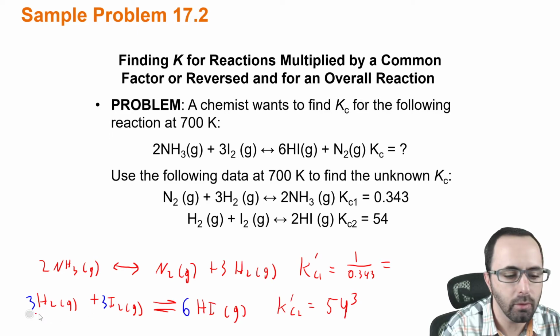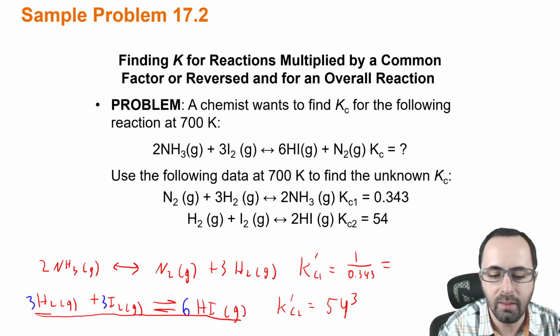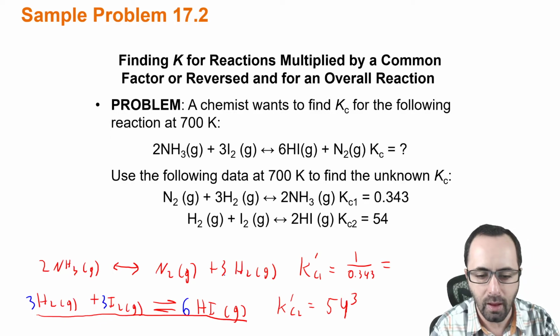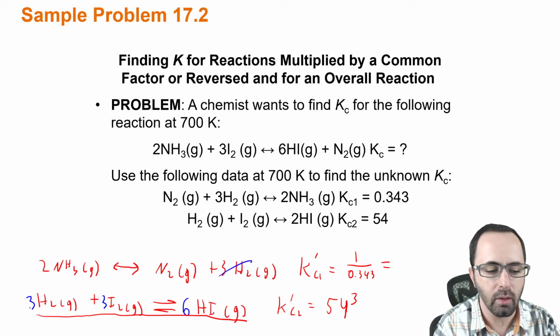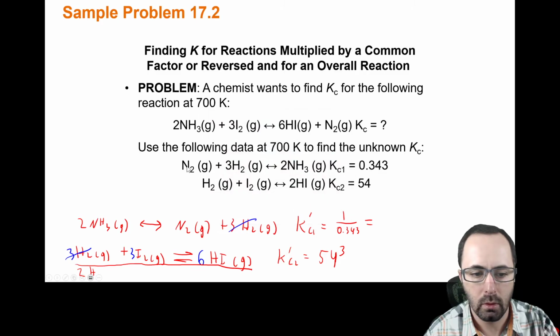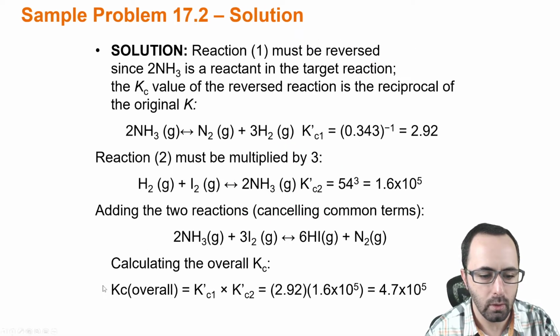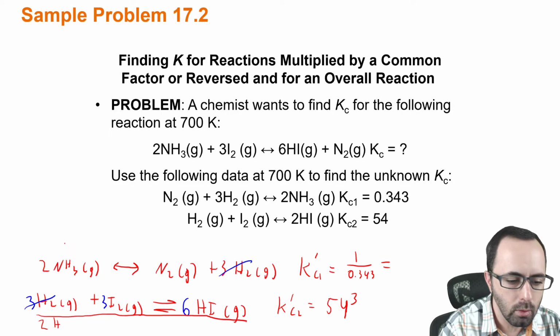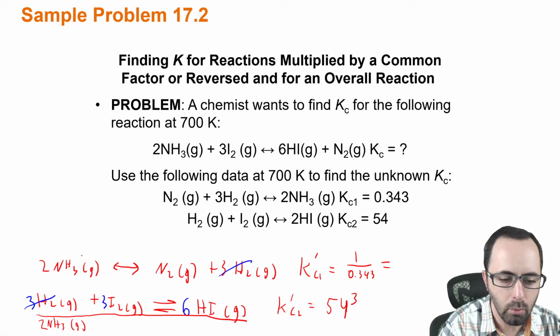Okay. And now, if we want to get the overall reaction, we'd add these two reactions together. And I didn't leave myself too much space, unfortunately. But if we add these together, note that we have 3 H2s on the right side here, and 3 H2s on the left, so those are going to cancel. And our overall reaction is going to be 2 NH3 from right here.